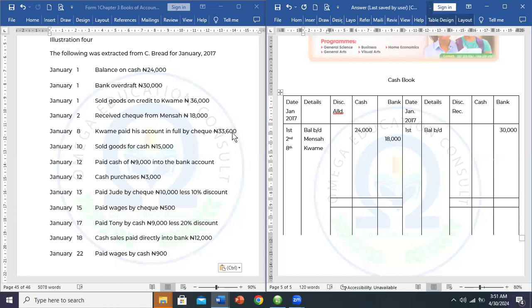Does it ring or sound anything that you want to tell me? You sold the goods to the person for 36,000, but in paying in full, he paid 33,600. Is there not something fishy there you want to fish out for me?